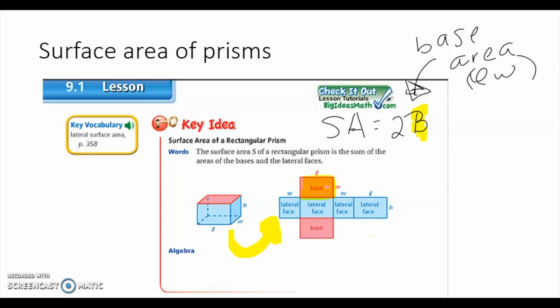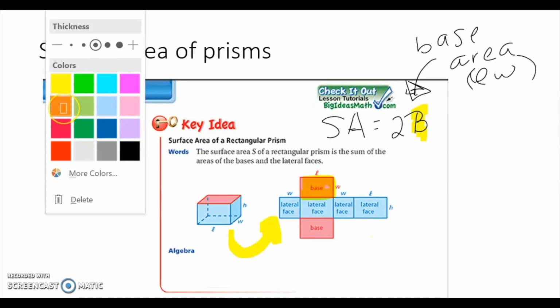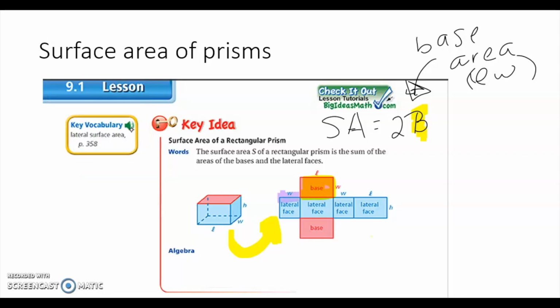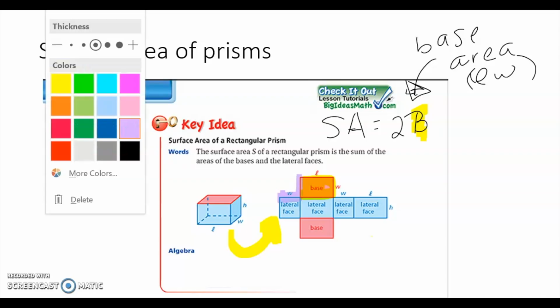Now, where it gets really fun is our lateral area. Our lateral area is that big blue rectangle in the middle. There's something I want you to envision. Envision wrapping this back up. If I were to take the 2 red bases and fold them up, and then wrap the blue around them, this edge here would match up with this edge here, the 2 purple sides.